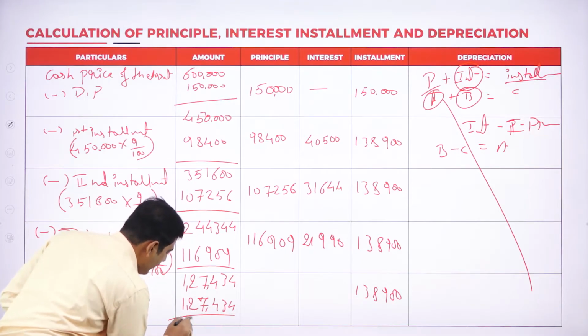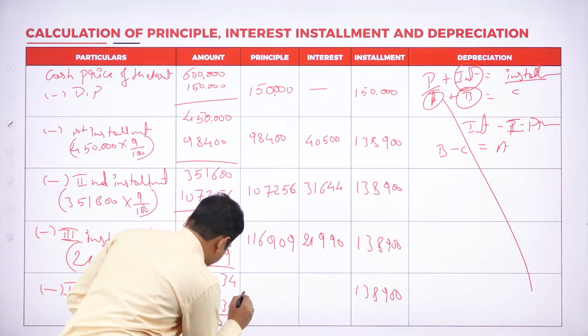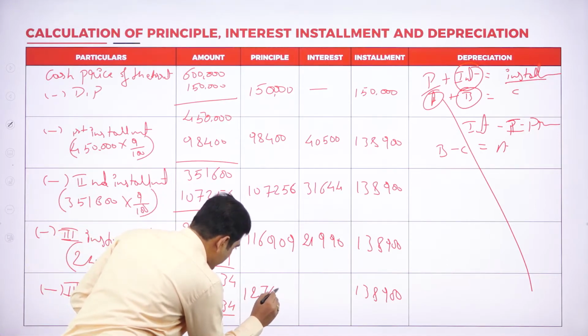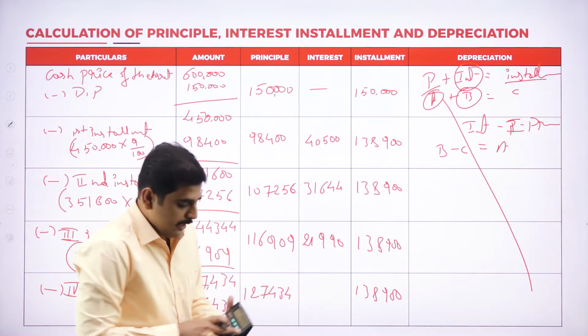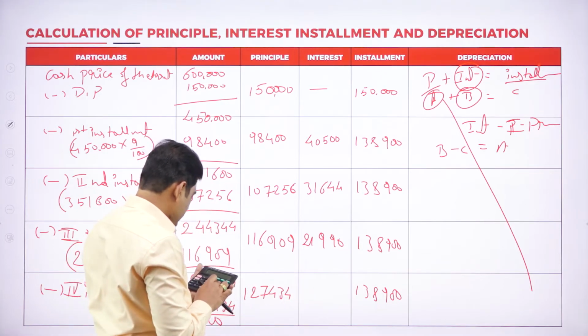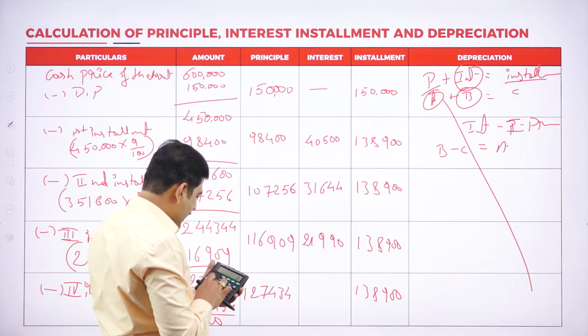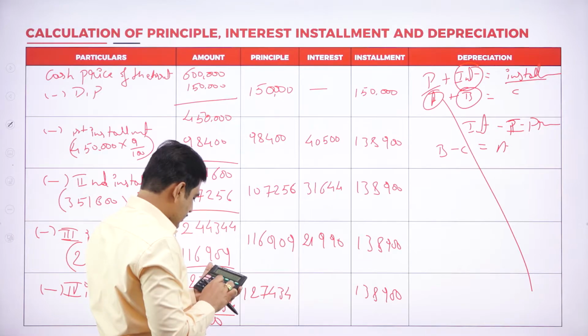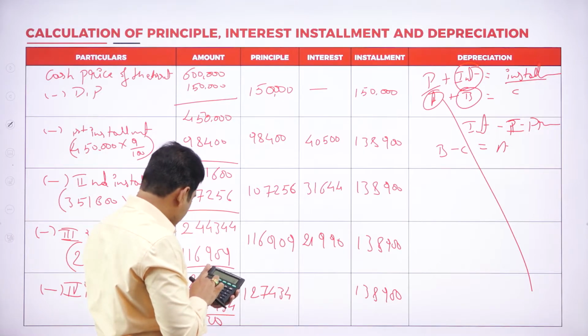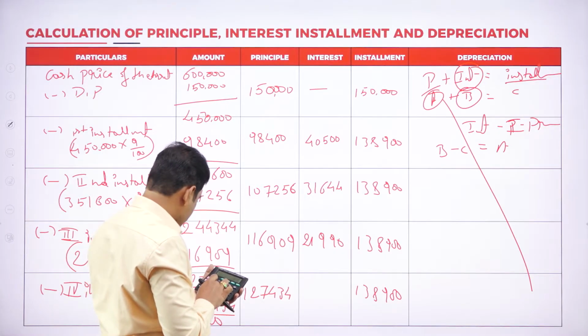1,27,434. So the principal will become 0. Whatever the difference you get, that is the interest. 1,38,900 minus 1,27,434.